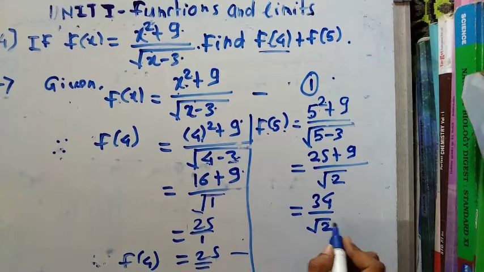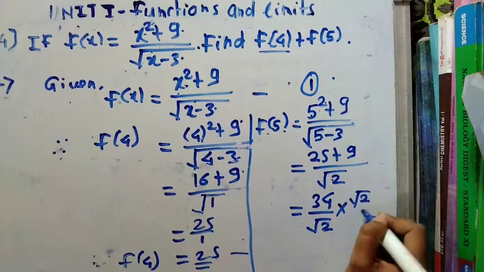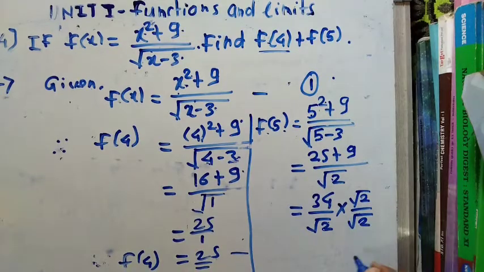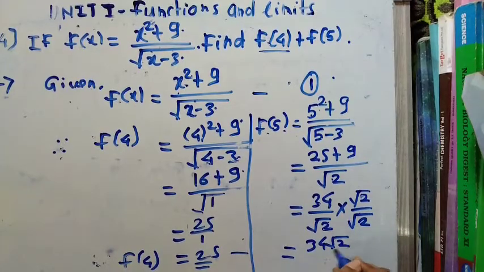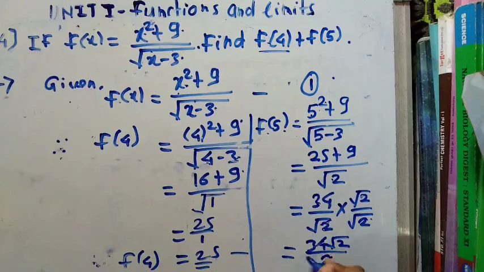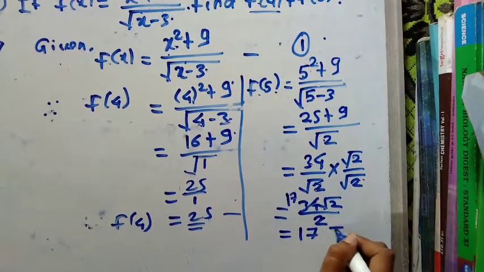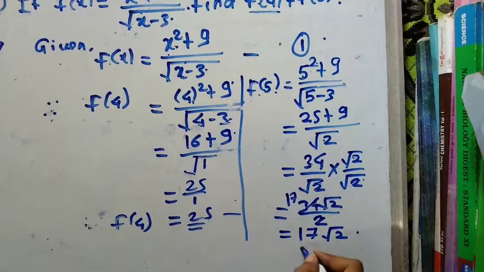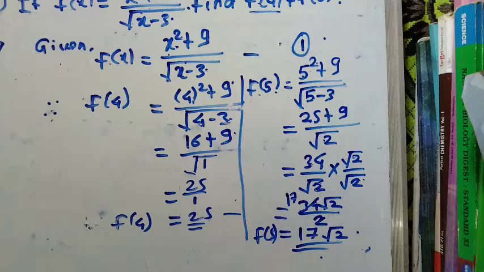But here root 2, so multiply by root 2 and divide by root 2, which is equal to 34 root 2 divided by root 2 into root 2 is 2. Then 34 divided by 2 is 17, which is equal to 17 root 2. So f of 5 answer is 17 root 2.